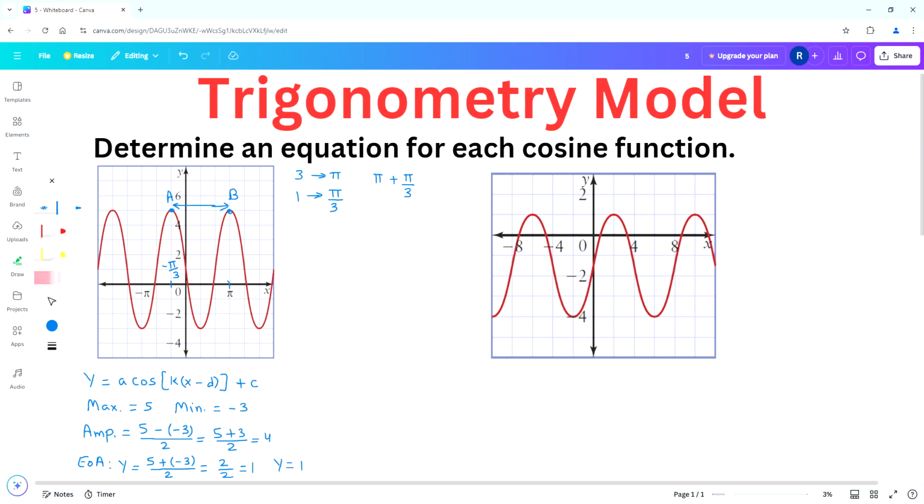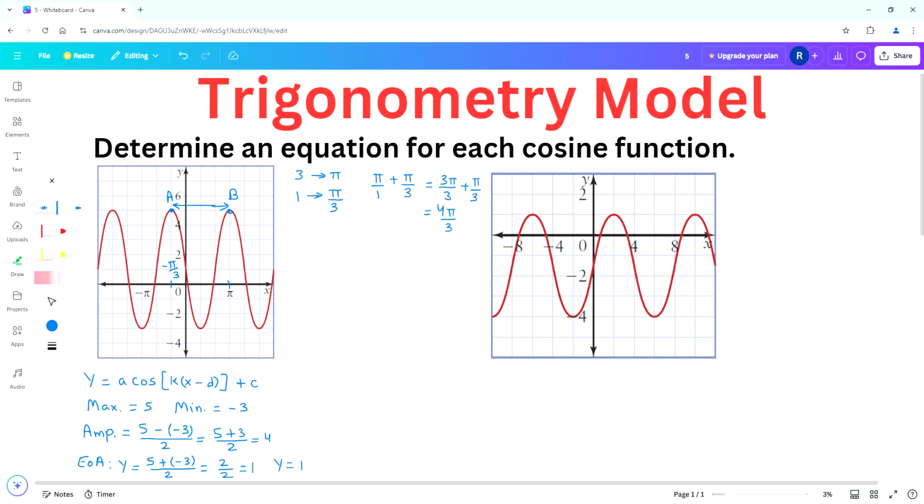There is a very important concept we need to understand and memorize to find period from given graph. The denominator of pi is 1, the common denominator is 3, so the period is 4 pi over 3.